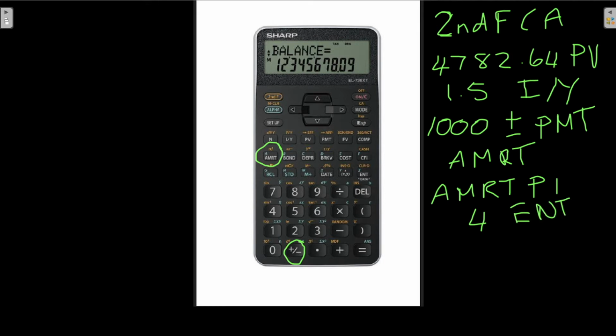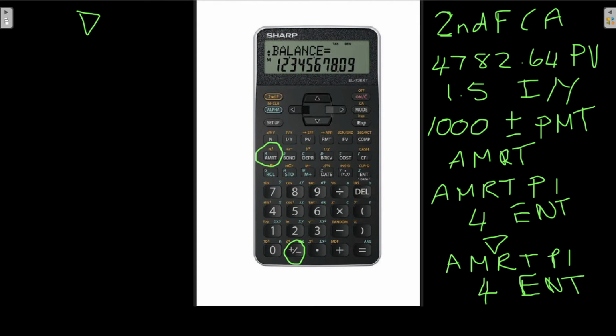Then you go with your down button, and you get the following. There will again be a 1, but you type a 4 and enter that. Then if you go with your down button, you get the outstanding balance.